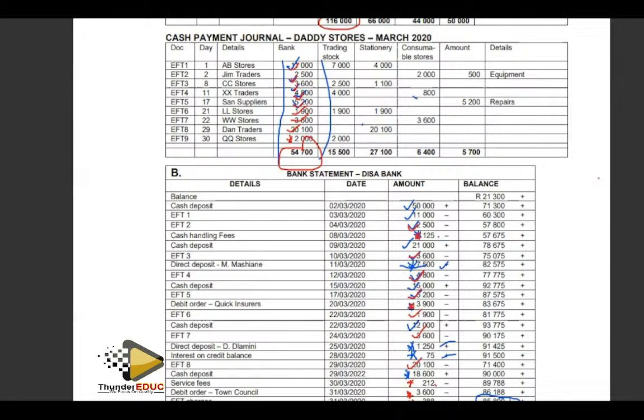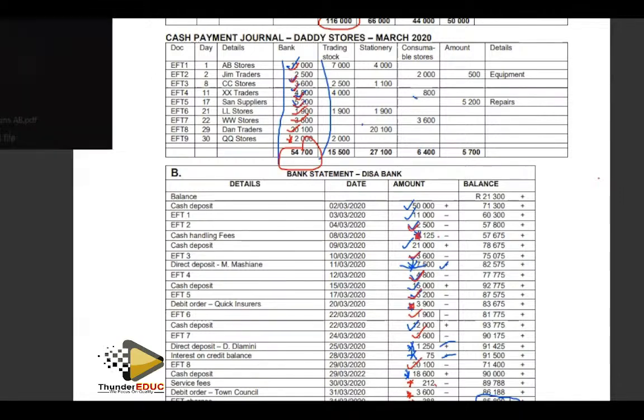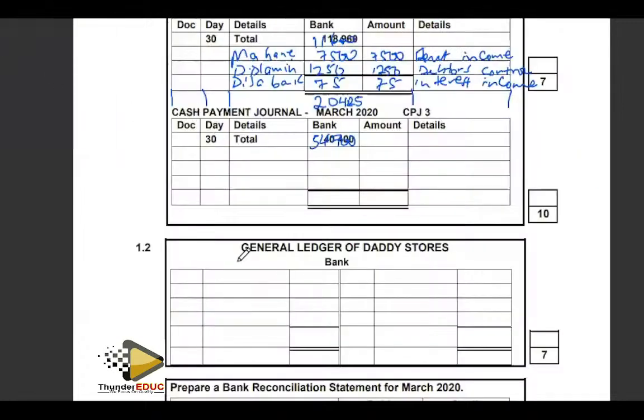So we are going to come here. Which bank is that? That is DISA Bank. DISA Bank removed the money from our account, okay? So we are going to say bank charges here. Sorry, it is DISA Bank coming here.